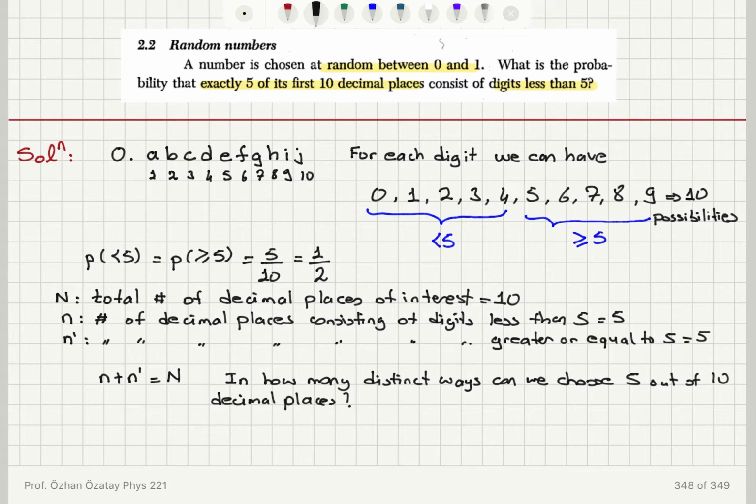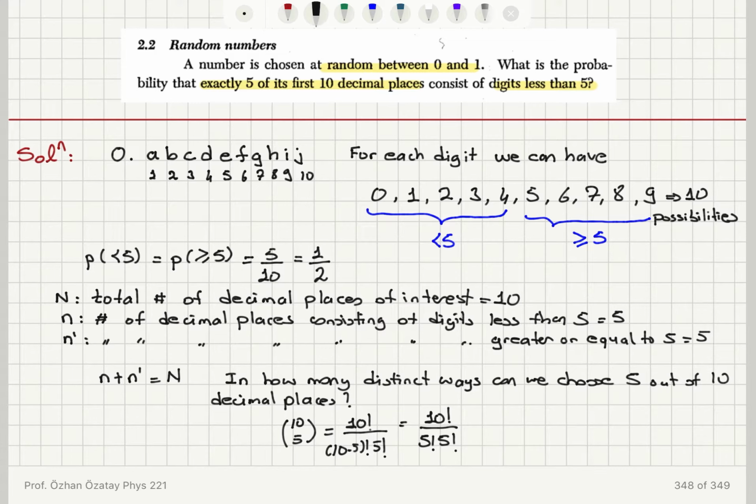The answer is given by combinations of 10 objects taken 5 at a time. This is 10 factorial over (10 minus 5) factorial times 5 factorial. So that's basically 10 factorial divided by 5 factorial times 5 factorial. So that will be the answer.